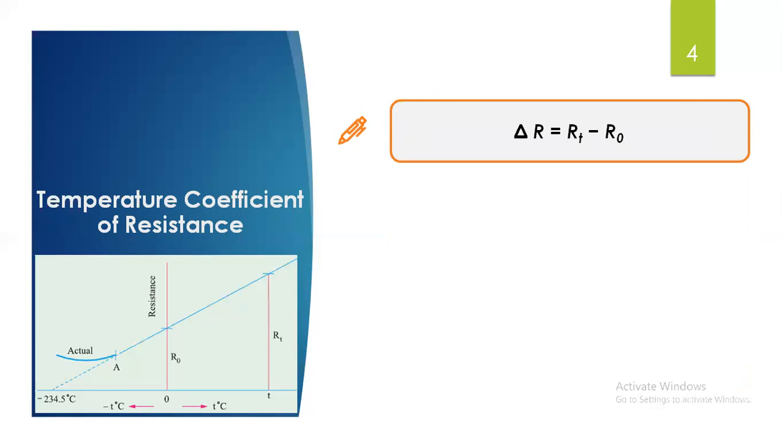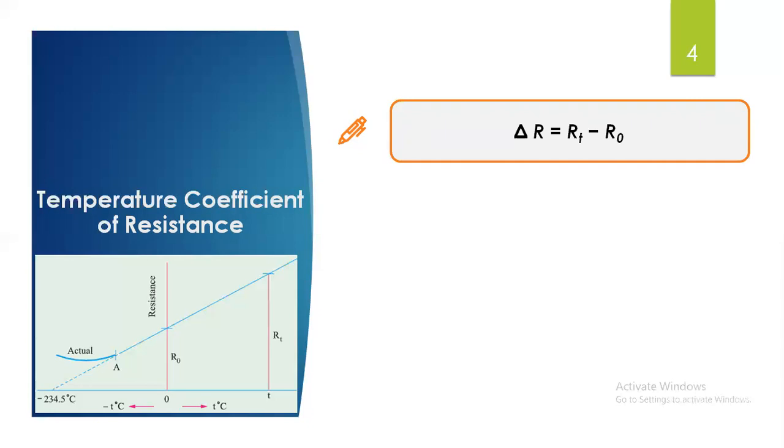It is heated to T degree Celsius, and let its resistance at this temperature be RT. The suffix indicates the temperatures. R0 means resistance at 0 degree Celsius. RT means resistance at T degree Celsius.